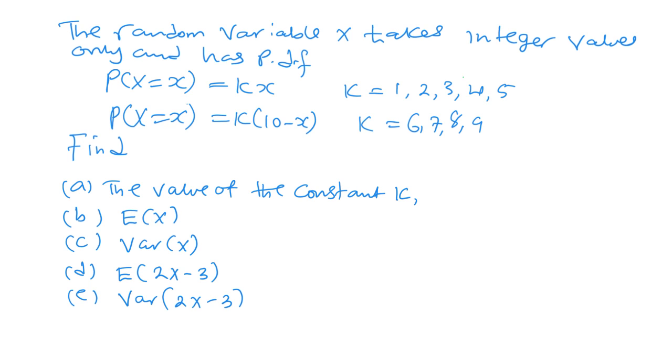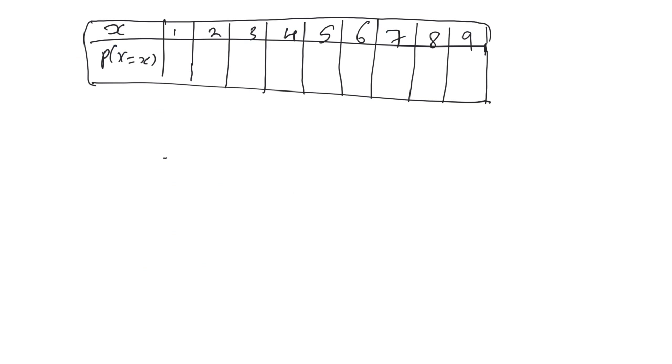To get the value of the constant, sum the probabilities. You know that the sum of probabilities for a random variable equals 1. So that will solve everything. Let's do it. We have been given that the probability of x is equal to kx for x values from 1 up to 5. So this is k, 2k, 3k, 4k, then 5k.